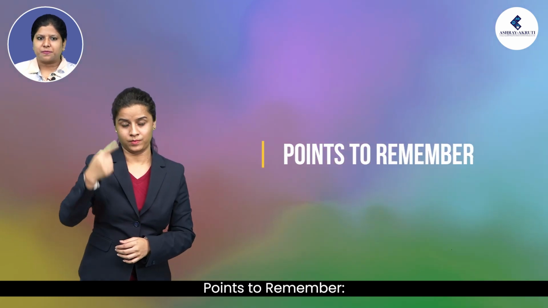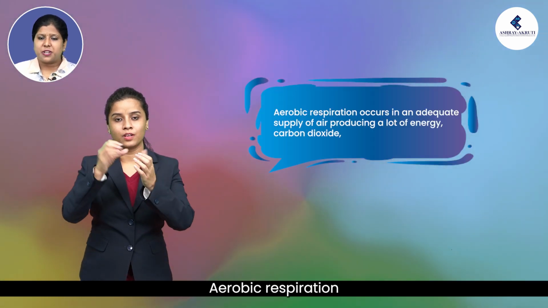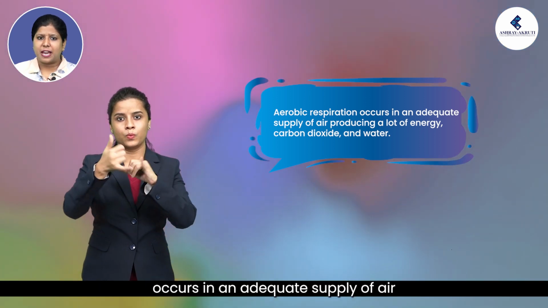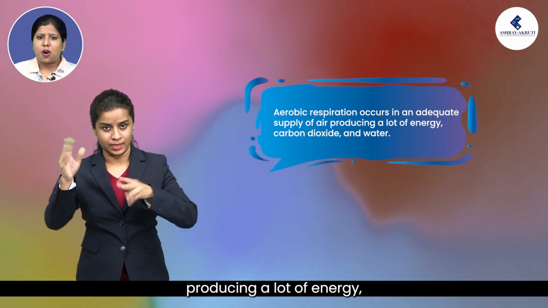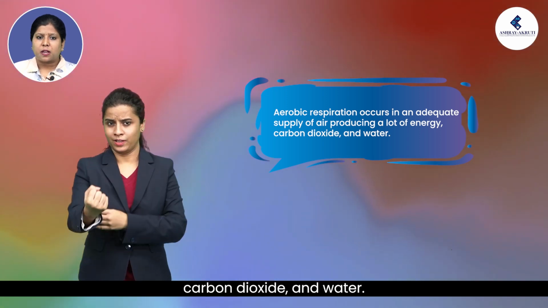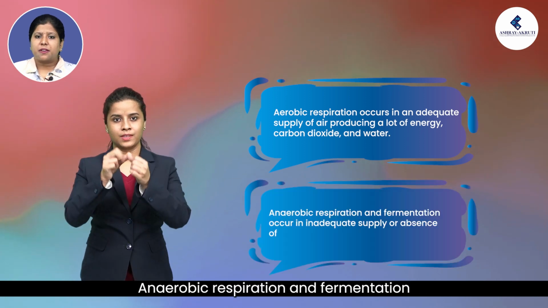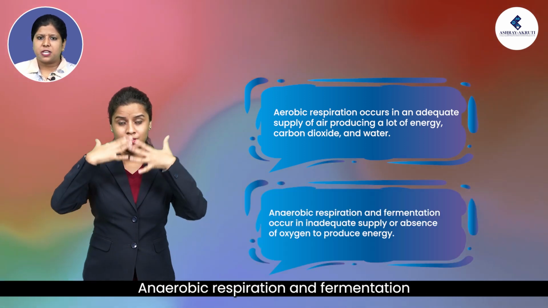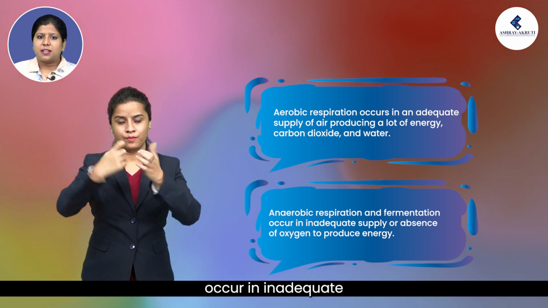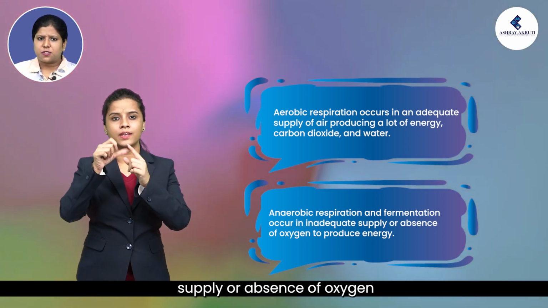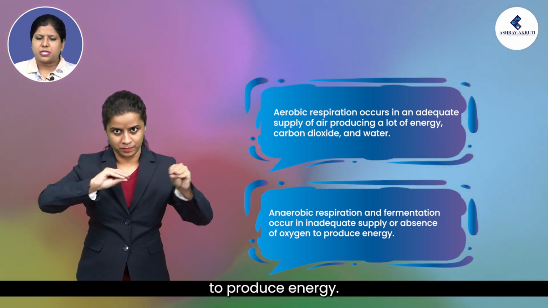Points to remember. Aerobic respiration occurs in an adequate supply of air producing a lot of energy, carbon dioxide and water. Anaerobic respiration and fermentation occur in inadequate supply or absence of oxygen to produce energy.